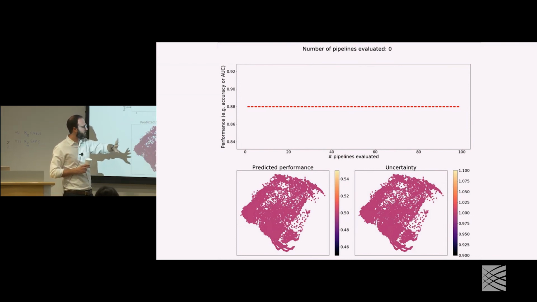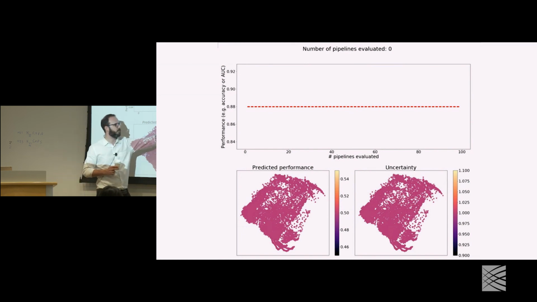On the bottom, you see a scan of the model. It shows you what the model is thinking at any given time. On this plot, you see the predicted performance. Each dot, again, is a pipeline embedded in this space. The color changes depending on the prediction of our model. The model might think that the pipeline works best, in which case it will be colored with a light color.